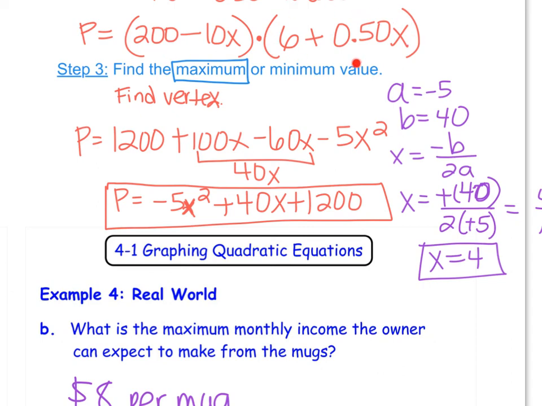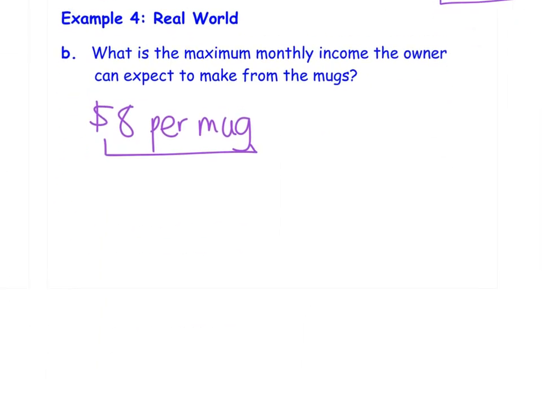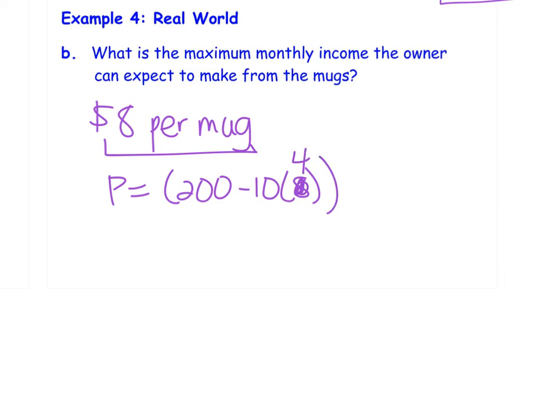So we already know that this is going to be $8 because when x equals 4, this is 2. 2 plus 6 is 8. And we can just plug it into this part of the equation to figure out how many mugs he's going to sell. So I'll do it both ways. So the first way, 200 minus 10 times 4, because for each increase, not 8, times 4. For each increase, he's going to sell 10 fewer mugs, so he's going to sell 40 less mugs.